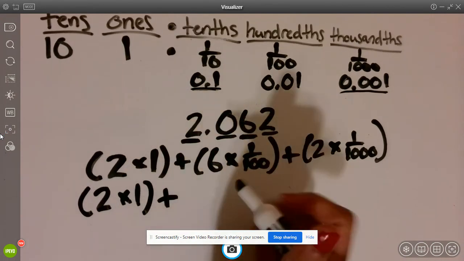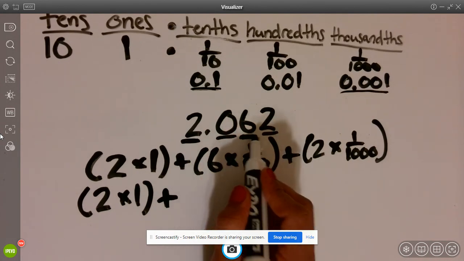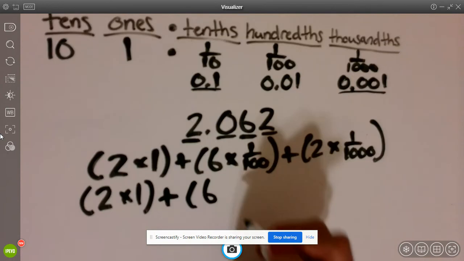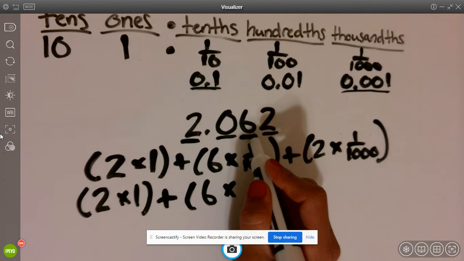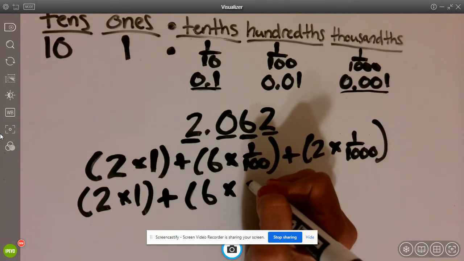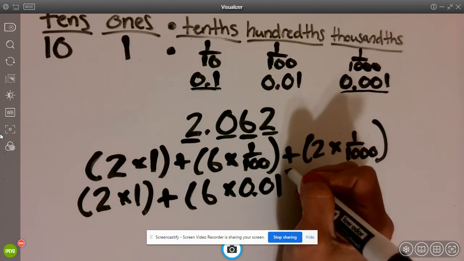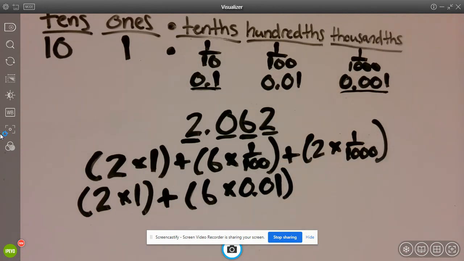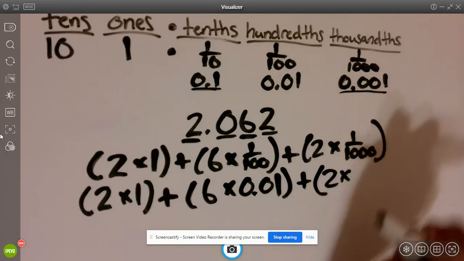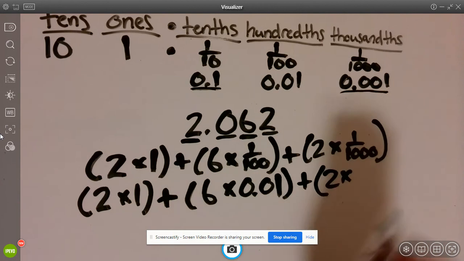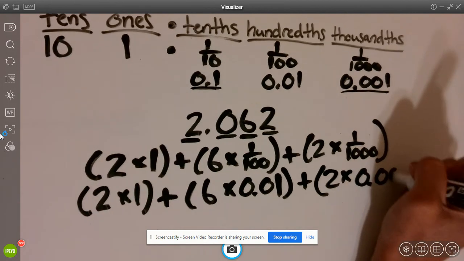Plus 0 times anything is always 0, so we'll move to the next number. 6 times, it's in the hundredths place value, and rewrite that as 0.01, plus the 2 times, it's in the thousandths place value, so I write it as 0.001.